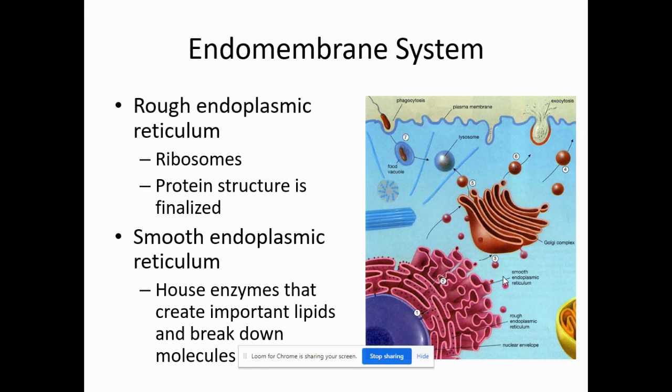But some of the proteins finished in the rough ER play a role in the smooth ER as enzymes. And we talked about enzymes. Most enzymes are proteins, that class of organic macromolecule. The smooth ER is also the site of lipid formation and digestion of other macromolecules, as well as other toxins.